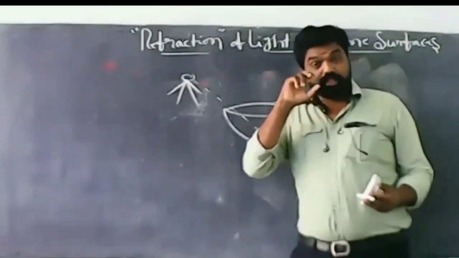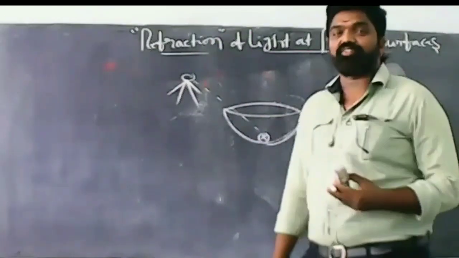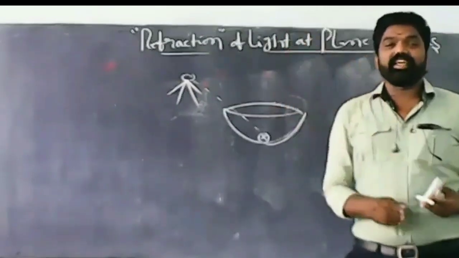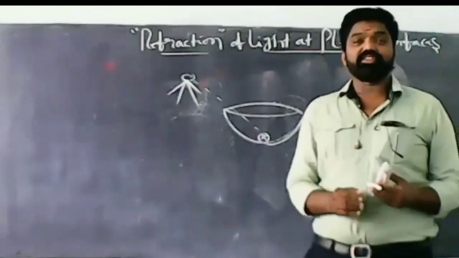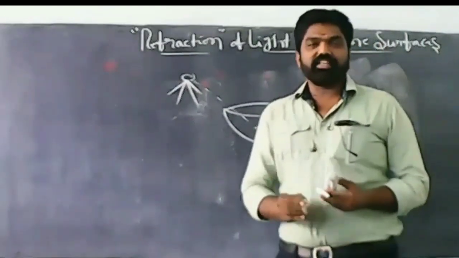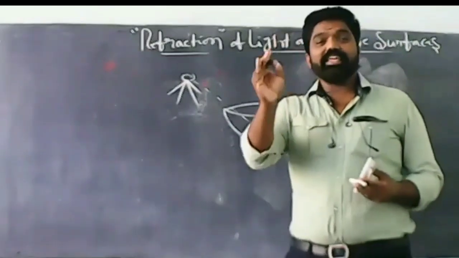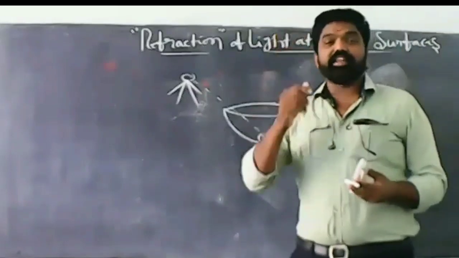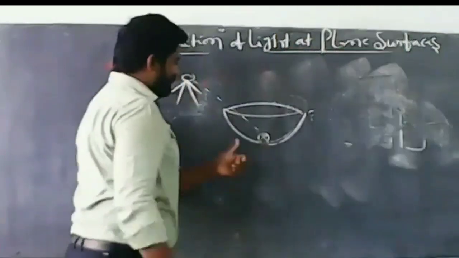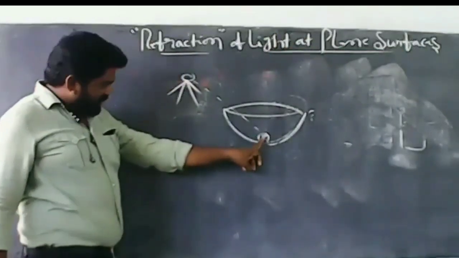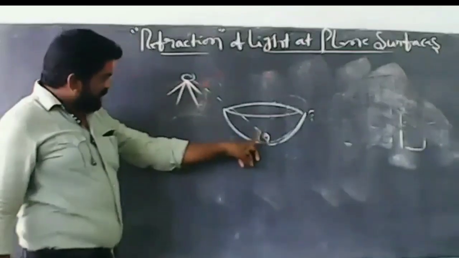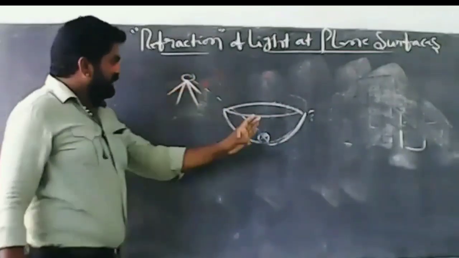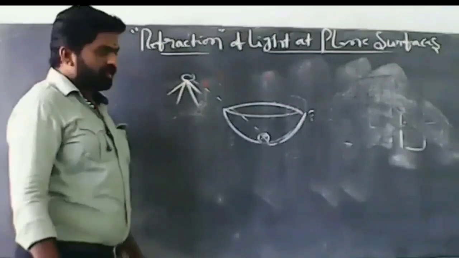You know the rectilinear propagation of light: light rays always travel in a straight line. That is called linear propagation of light, nothing but rectilinear propagation of light. The light rays coming from an object like a coin directly fall on your retina, then it appears.